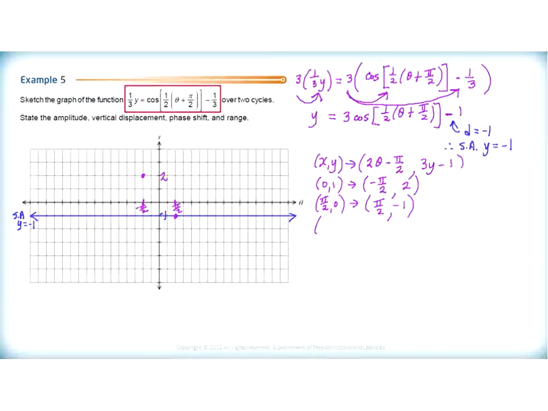Then we will have the point pi and -1 from the base graph. 2 times pi is 2 pi, which is the same as 4 pi over 2, minus pi over 2 is 3 pi over 2, and 3 times -1 minus 1 is -4. So let's label this axis pi over 2, pi, 3 pi over 2, and -4.